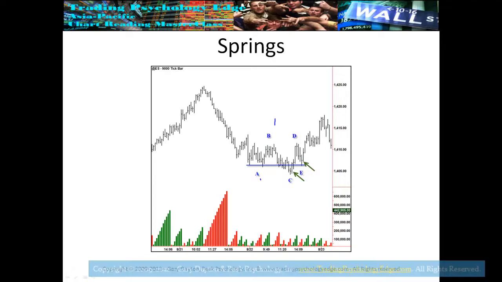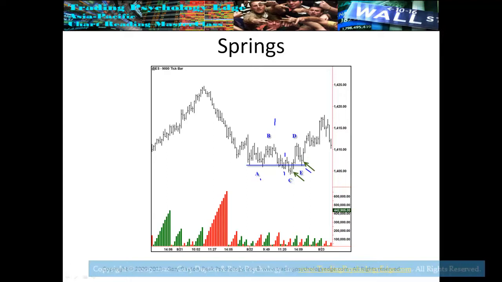Now notice here, we don't immediately go up. In fact, we come underneath here and we spring up, and then we come back down again. So if your stop is really tight, you're going to get knocked out, and then it goes on without you, and then it comes back and has a nice little test.